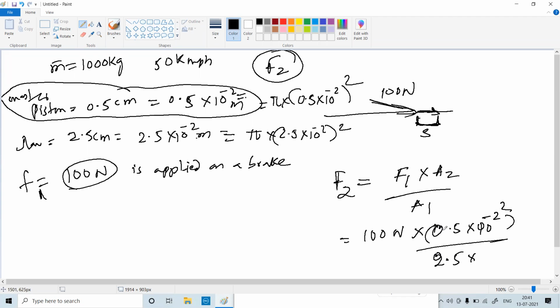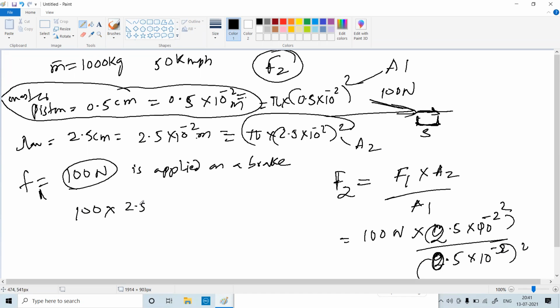Sorry, the slave has to be first, the master will be down. This is A1, this is A2. So 100 into 2.5 into 2.5 into 10 to the power minus 4, divided by 0.5 into 0.5 into 10 to the power minus 4.